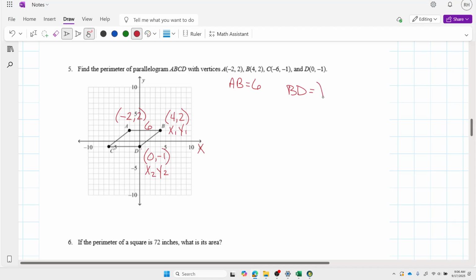So B to D is equal to the square root of x sub 2 minus x sub 1, which is 0 minus 4 squared, plus -1 minus 2 squared.